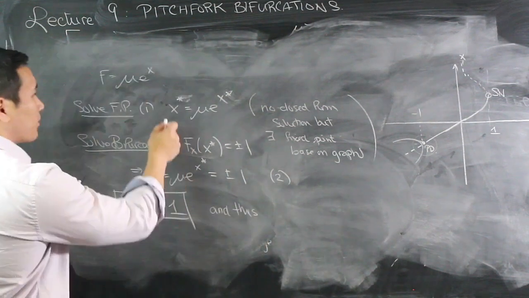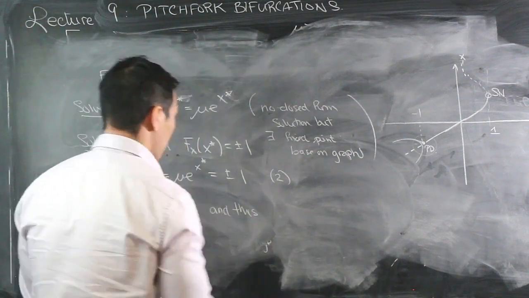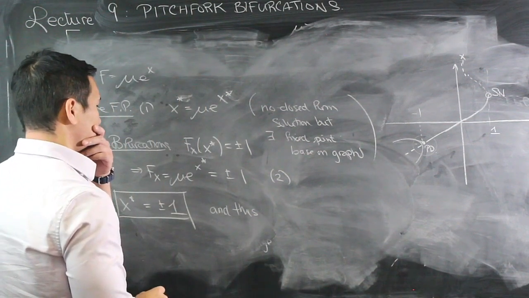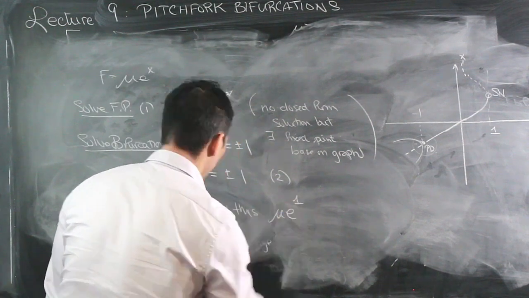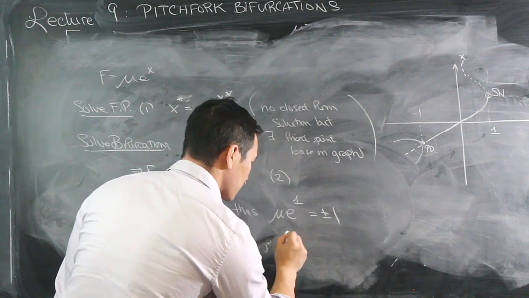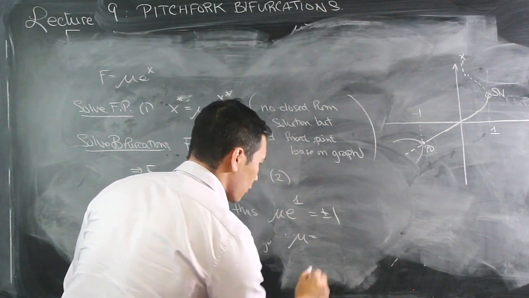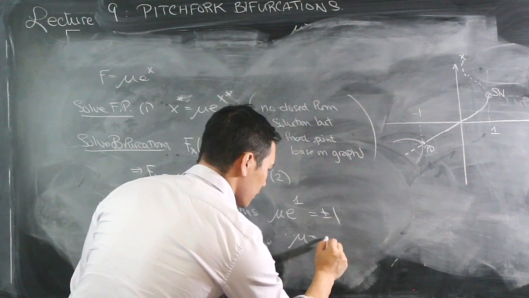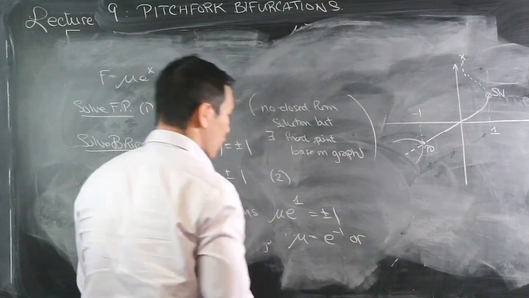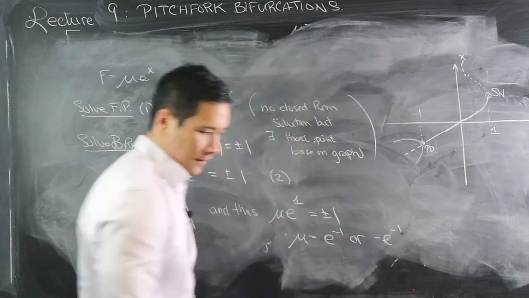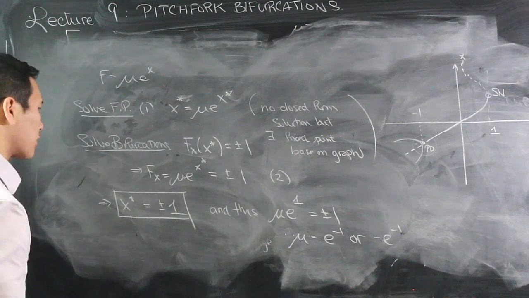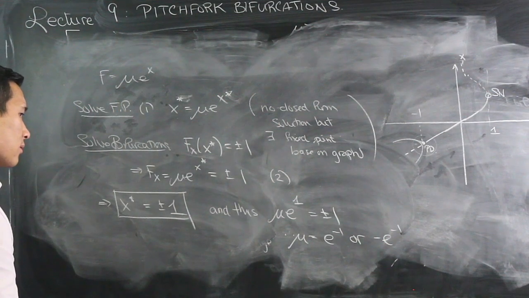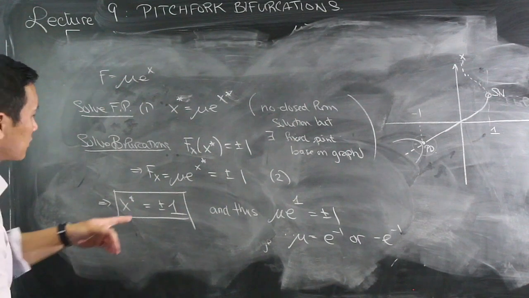If I put it into, say, this equation here, you have mu times e to the 1 is equal to plus or minus 1. So that tells you mu is either e to the minus 1 or minus e to the minus 1. I feel like I've done something wrong here. Hold on, give me a second. Sorry.